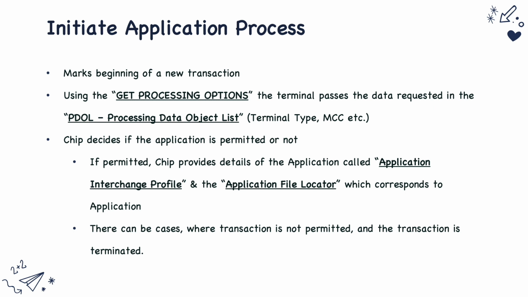I'm introducing two important terminologies here called application interchange profile and application file locator. The application interchange profile is more of information that tells if SDA, DDA or CDA is being allowed or not. We'll understand what they are in the next slide. But the chip provides all of this information to the terminal.